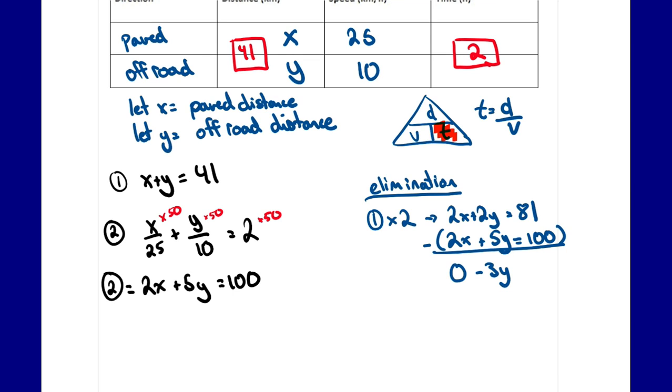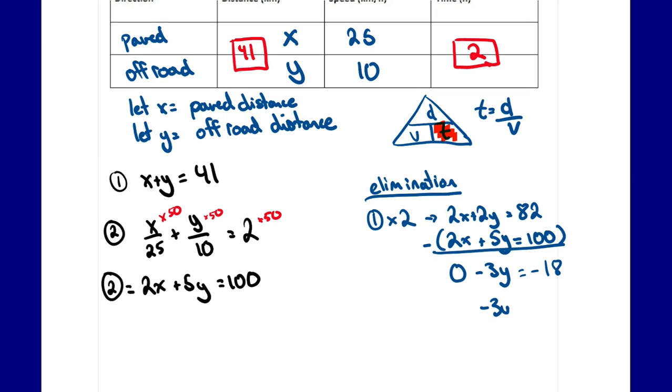And 81 minus 100 is negative 19. Sorry, not 81, 82. Some improper math there. 82 minus 100 equals negative 18.